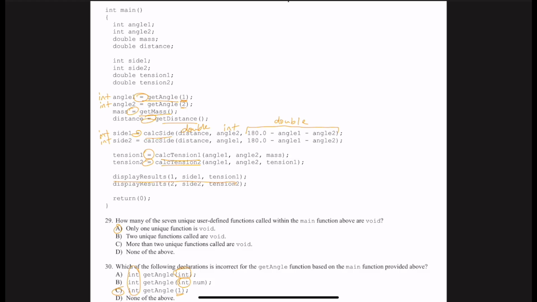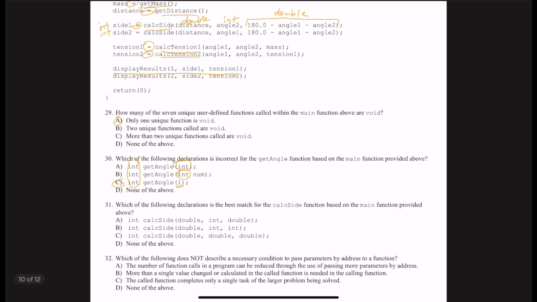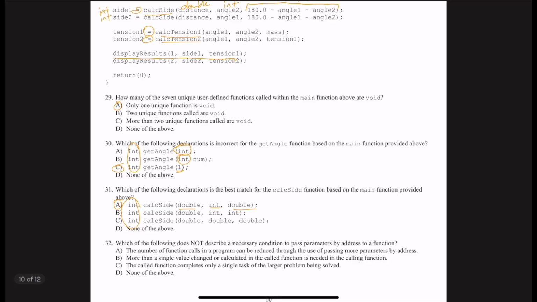So, return an int, receive a double, int, double. Therefore, answer is A. Obviously, some of these other ones would work, but you'd be losing information in the process, or it just wouldn't be the best fit.